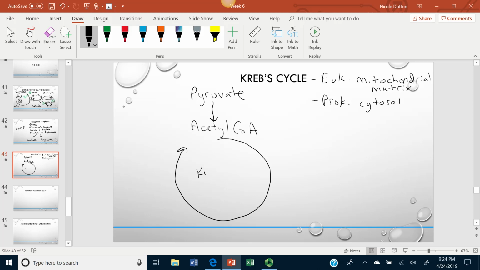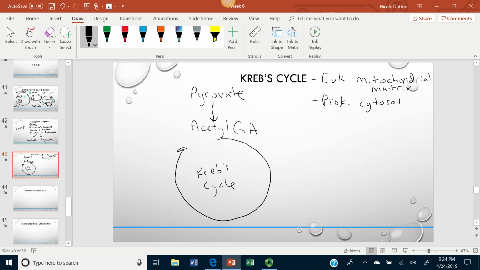And they call it the Krebs cycle because as long as you're pumping acetyl-CoA into the system, it can continue going around the circle. Acetyl-CoA combines with oxaloacetate, and that starts this process through all of these different enzyme complexes.